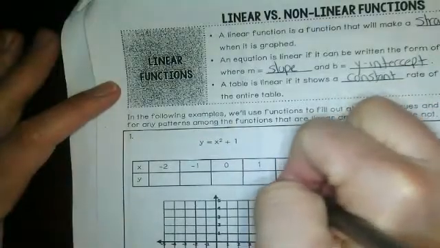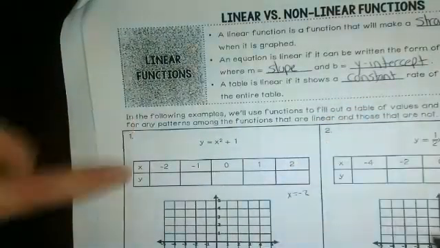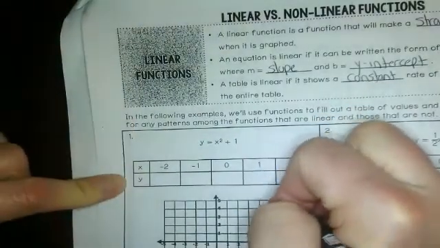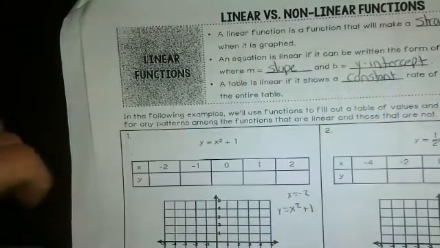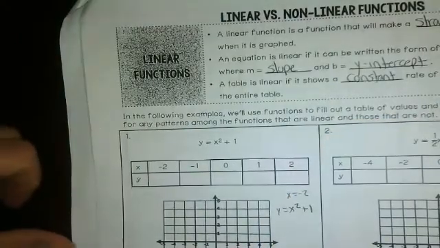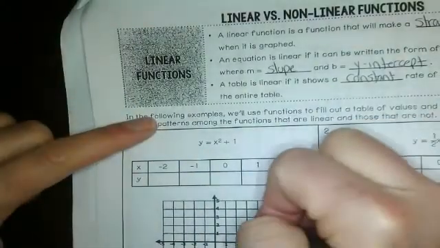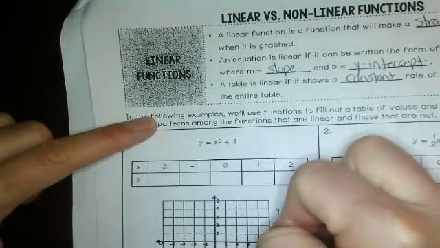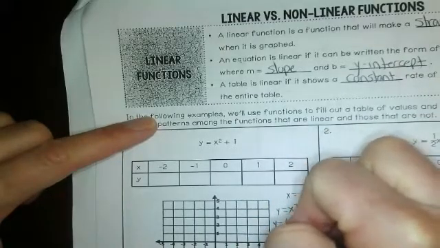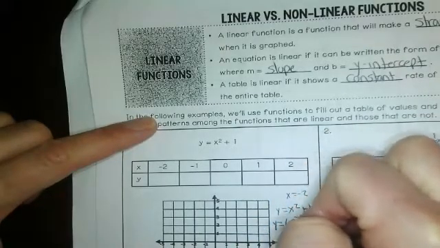So when x is -2, we're going to do y equals x squared plus 1. Be very careful with your calculator on this. So we're going to do y equals, in parentheses, -2 squared plus 1.